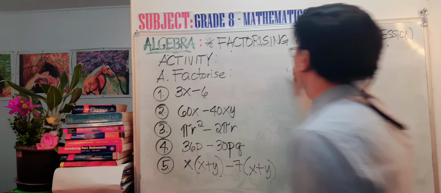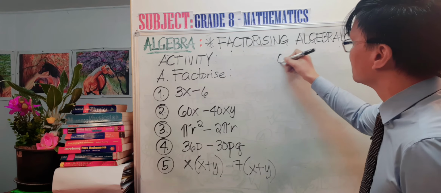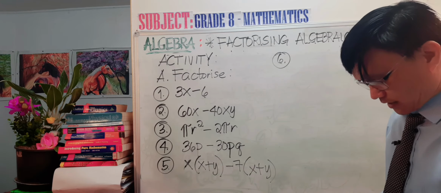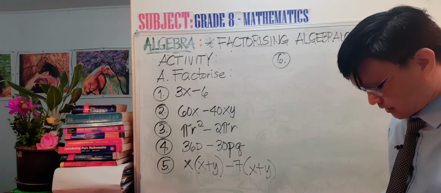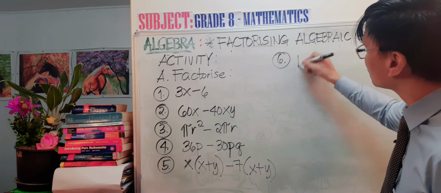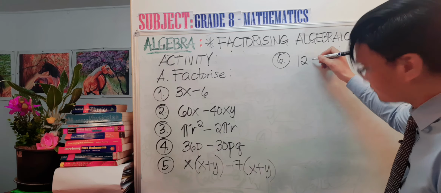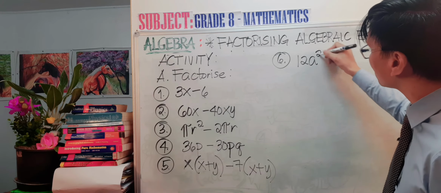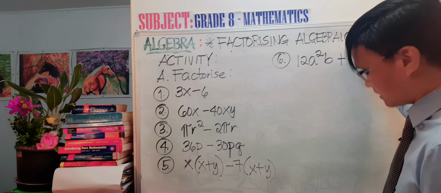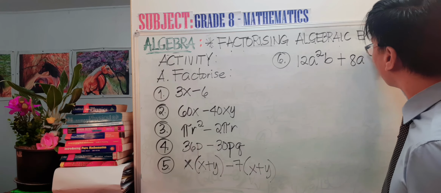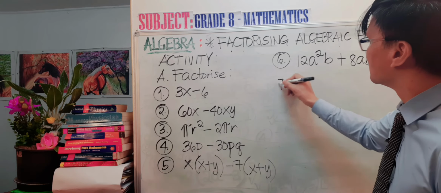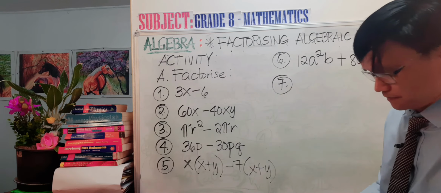Okay, next one here, number 6. For number 6, I have 12 a square b plus 8ab square.